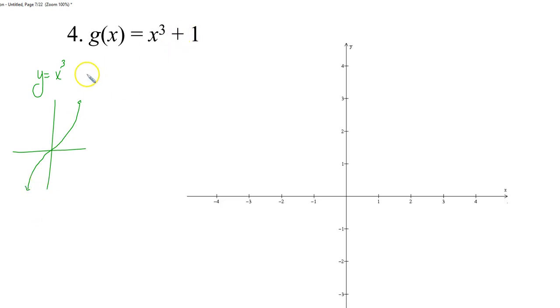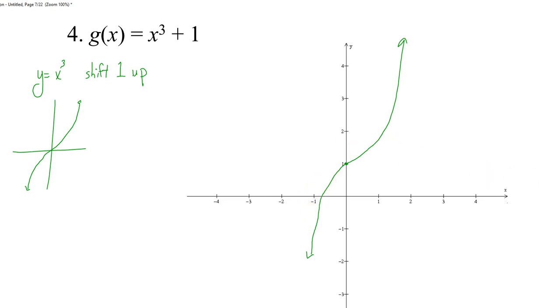Because I have plus 1, I'm going to shift this function 1 unit upwards. So rather than twisting here at 0, 0, it's going to twist here at 0, 1. Really and truly, that's what I want you to be able to do, and it's going to come up and kind of twist through here, and it's going to go up like this. So like I said, you can plot some points, you can do a table of values, but this is my general shape of my function. This one will definitely be multiple choice.